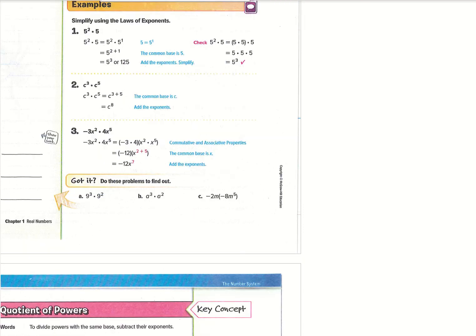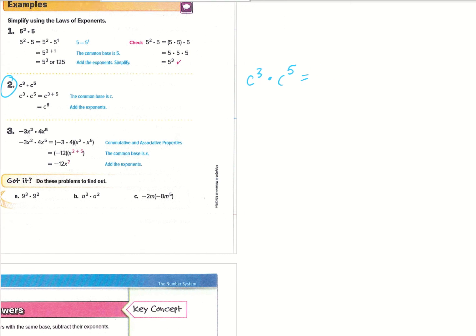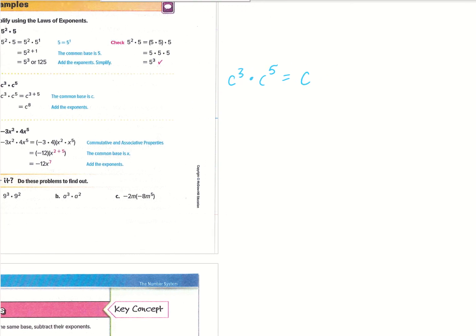Real quickly, I want to show you example 2, because it's the same idea, but this one is with variables instead of actual numbers. We do the same thing. Whenever we see this, we're just going to add their exponents together. So that's going to be c to the 3 plus 5, which is the same as c to the 8th power.